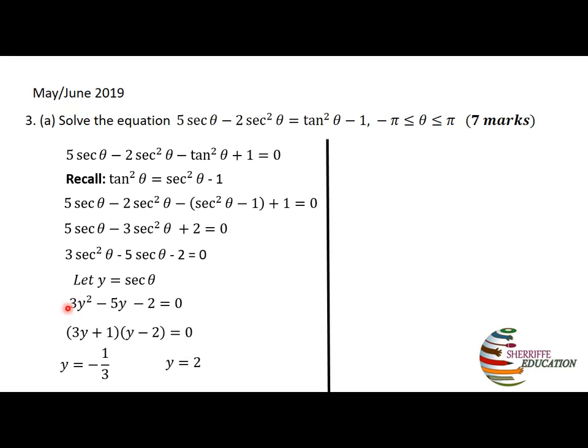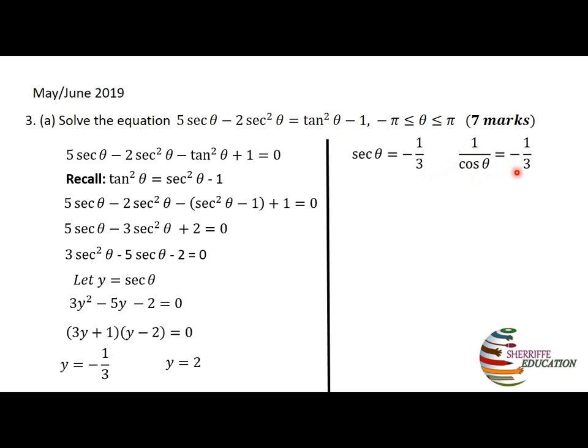Now remember that y is just sec theta. So since y is equal to negative a third, it means that sec theta is equal to negative a third. Now you might be asking, sec theta, but I don't see that on my calculator. What you need to remember is that sec theta is just 1 divided by cos theta. So sec theta equal to negative a third is the same as saying 1 divided by cos theta is equal to negative a third.